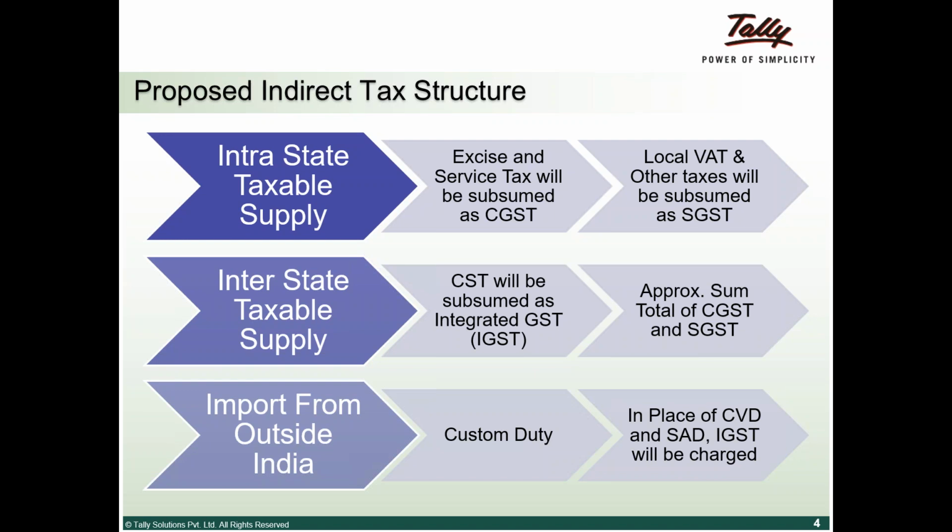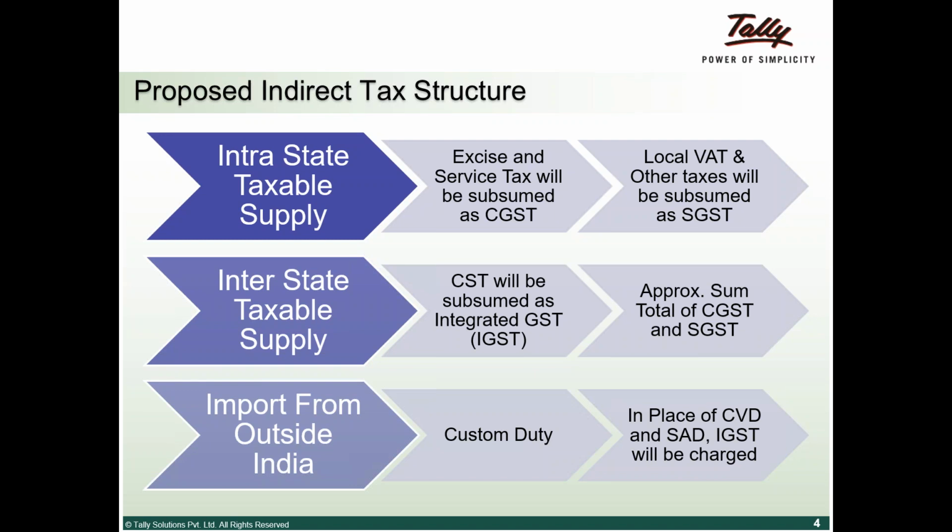These will get subsumed as CGST, central GST. We were paying VAT, entertainment tax, octroi and other taxes, which will get subsumed as SGST, state GST. Then we were paying central sales tax, which will get subsumed as IGST, integrated GST. So your total GST will be a sum of SGST, CGST, and IGST.